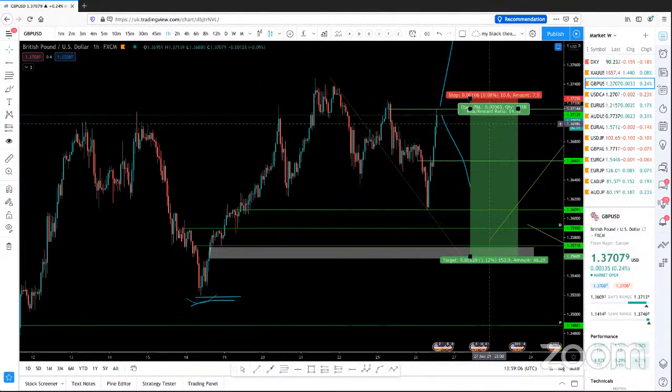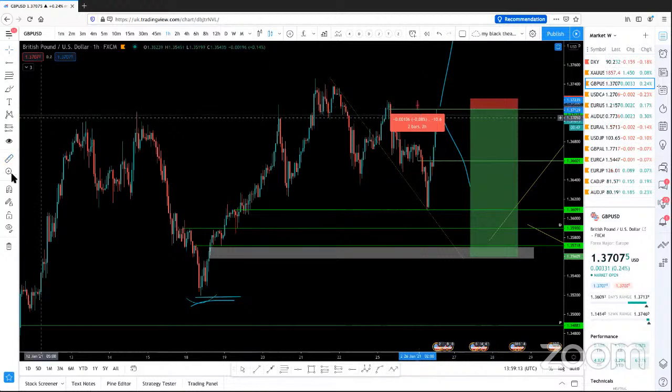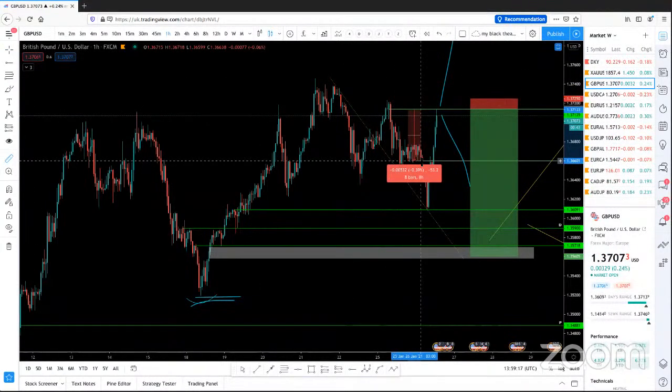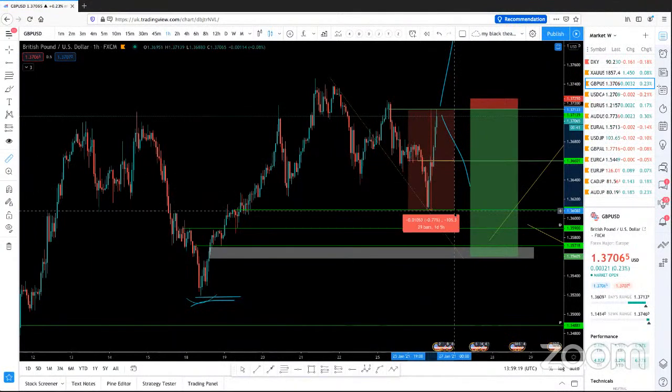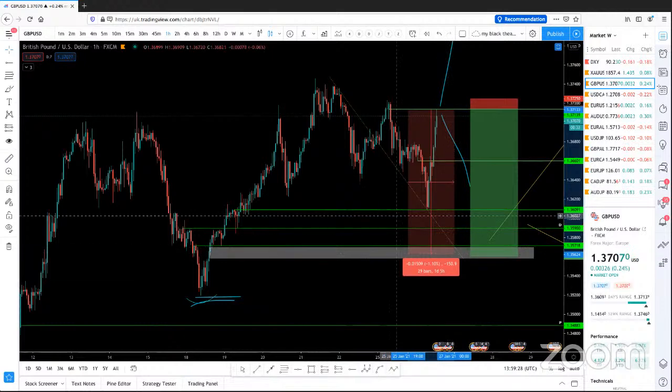Let's see, even if this gets stop loss hit, how many pips are you going to lose? 10 pips. If you win, as a first target, 50 pips. Second target, 100 pips. Third target, 130, or let's say 100. Okay, guys.